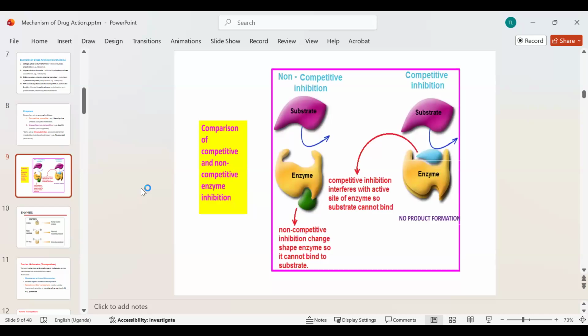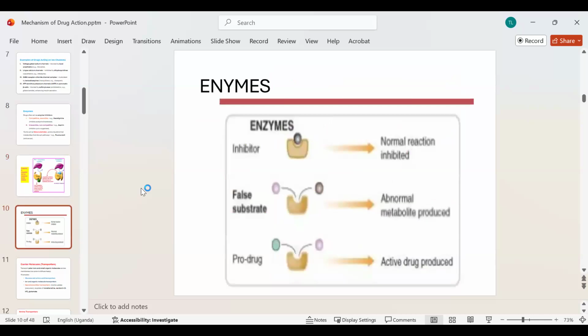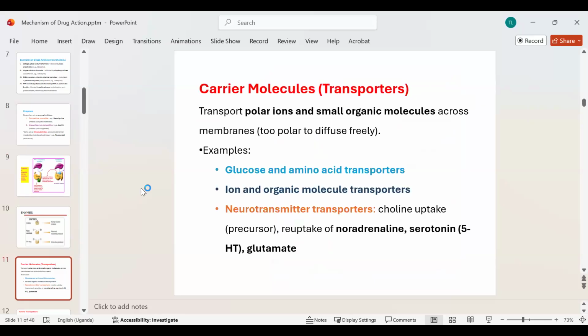These are just images to make you appreciate the enzyme activity. Then we also have carrier molecules, especially the ones we call transporters. These tend to transport polar ions and small organic molecules across membranes. These can also be used as receptor targets for our drugs, as sites for our drugs.